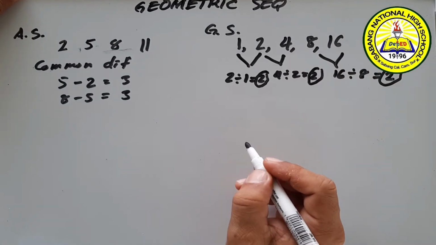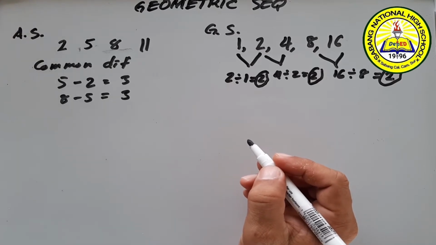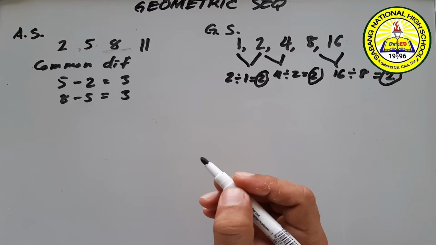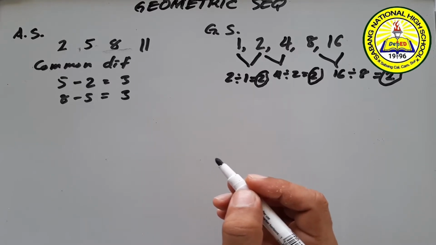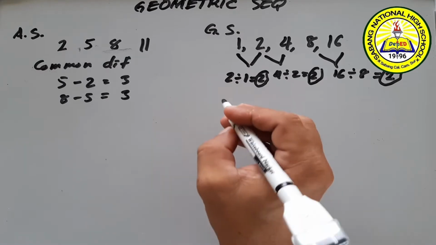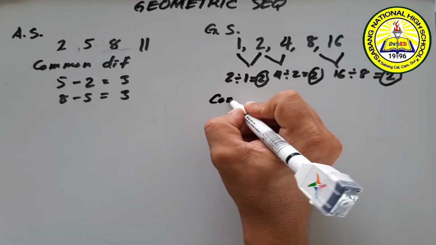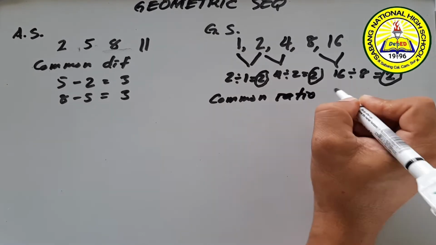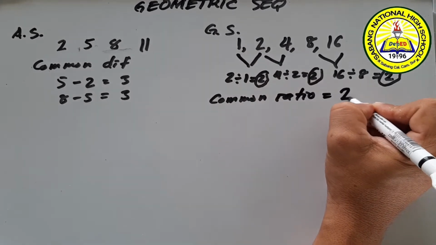Meaning to say, a geometric sequence is a sequence wherein each term is multiplied by a common ratio. We have the common ratio, which in our example is 2.